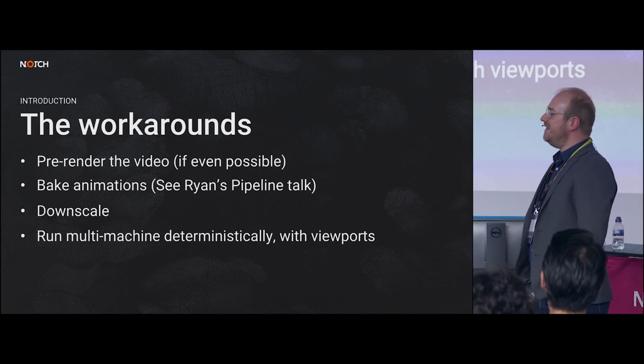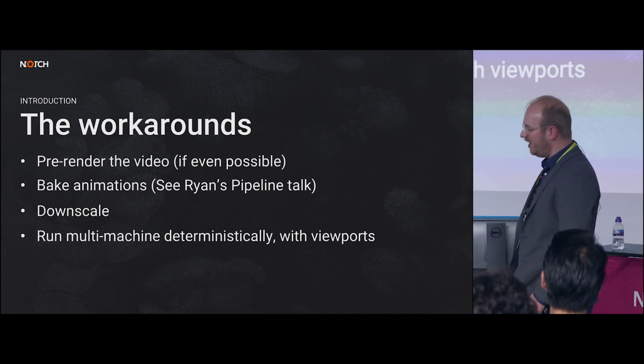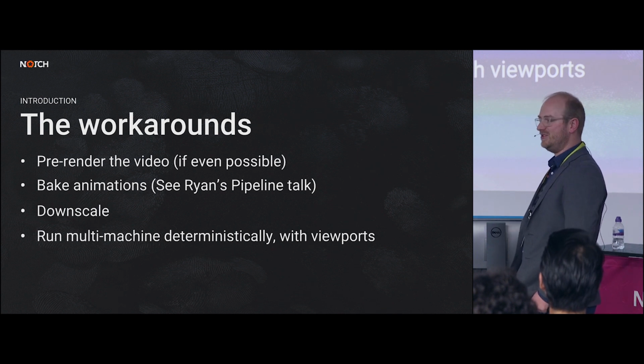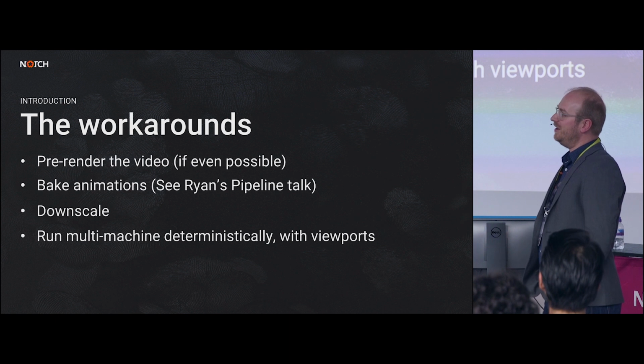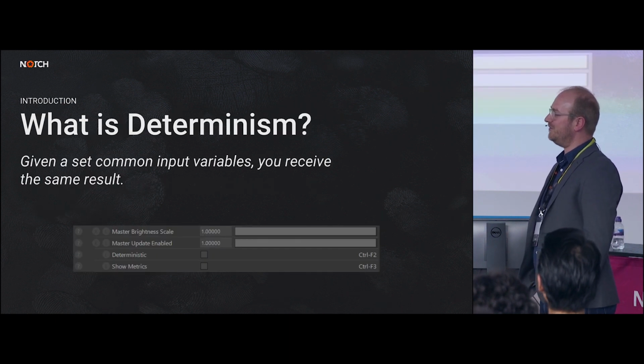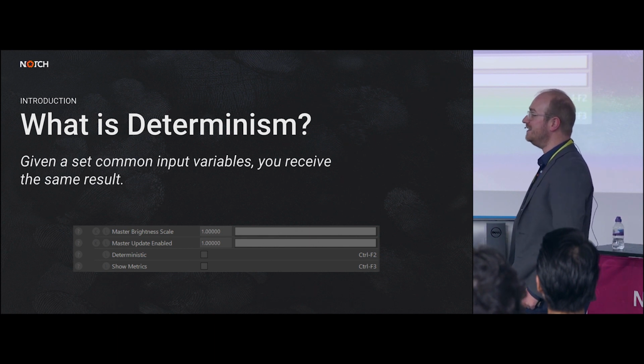And then the last thing that you've been able to do with Notch is to run certain types of effects deterministically. So I appreciate that we have lots of different language speakers in the room, so I'm just going to qualify what determinism is.